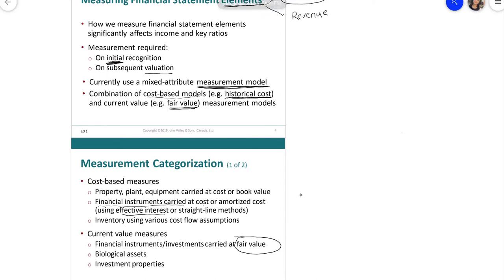If the company is following ASPE standards, they will be using a straight line method to amortize it. But if they're using IFRS, they will be using the effective method to amortize.